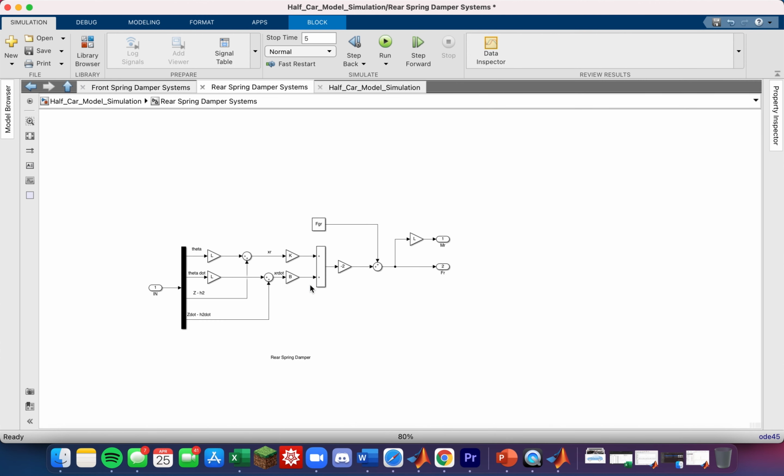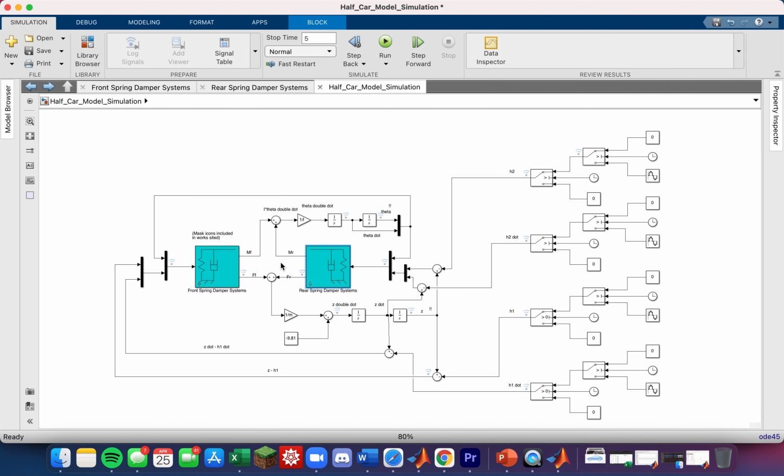Similarly, the equations for the rear system are used in order to find the force rear and the moment from the rear. Now you can see that we solve for theta double dot using the masks, integrate theta double dot twice, and we get theta, one of the values that we're looking for in our system.